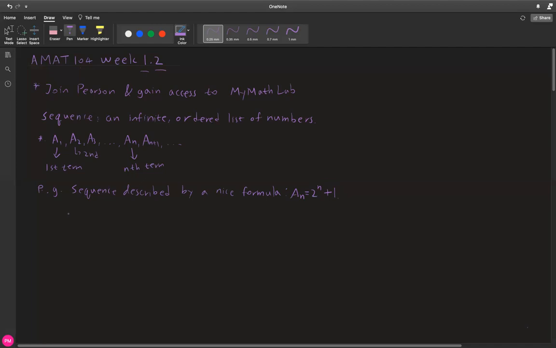Here, if you want to find the first term of the sequence, you would simply substitute 1 for every n you see. So the first term will be 2 to the power of 1 plus 1. So this will be 2 plus 1 equals 3. So here, the first term of the sequence is 3.